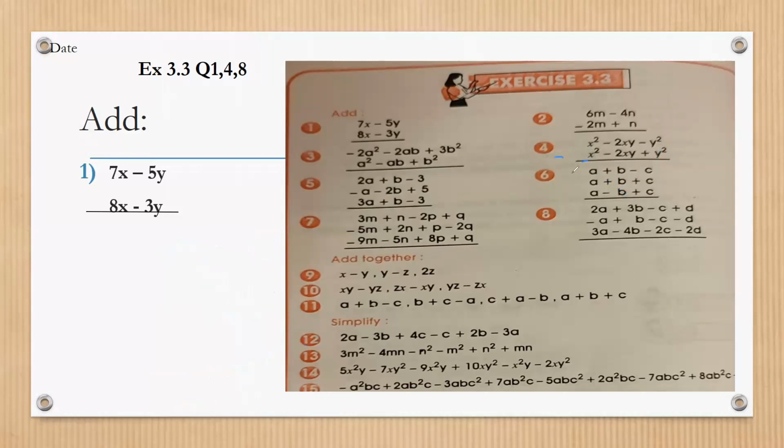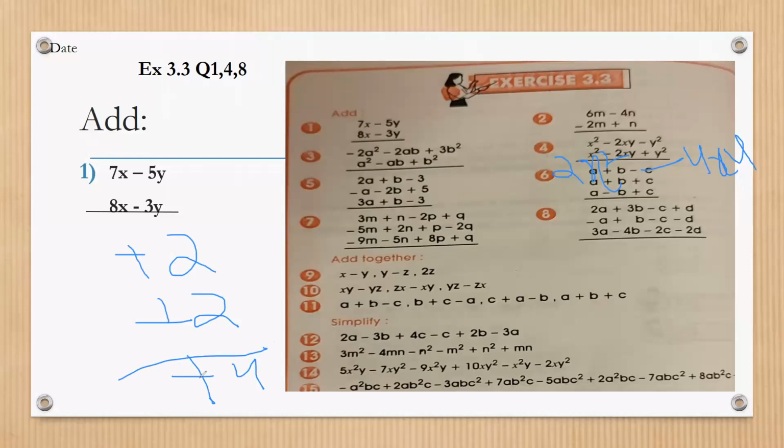Question number 4: we get the answer 2x square minus 4xy. Please remember these words: -2 is -4, +2 +4.